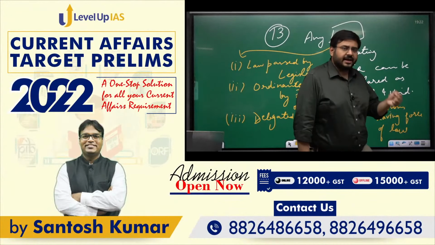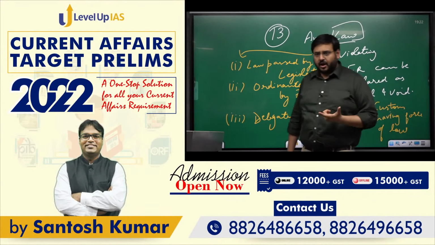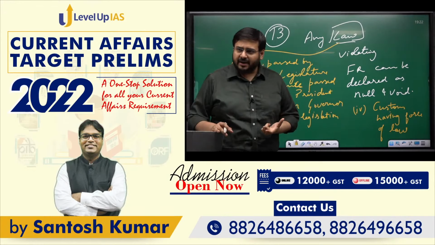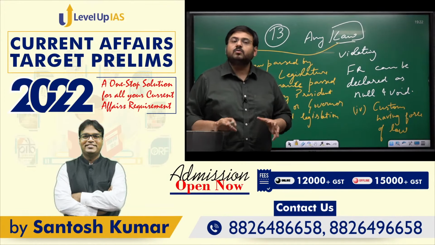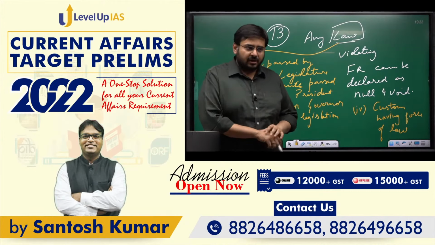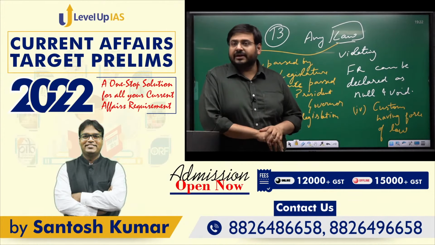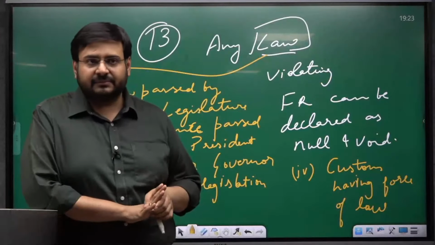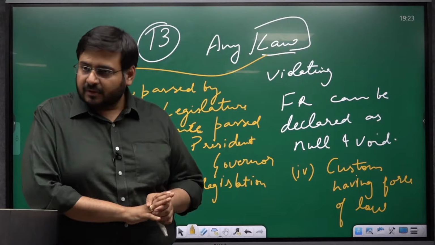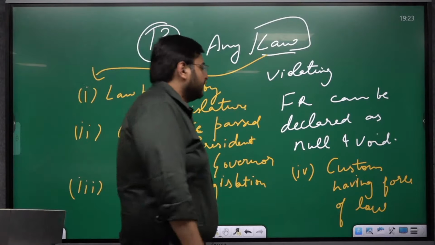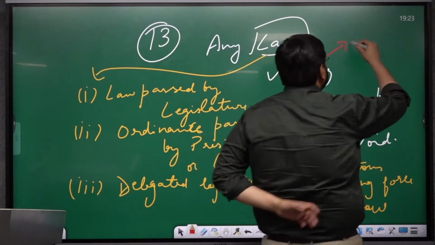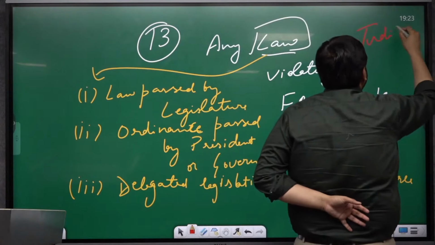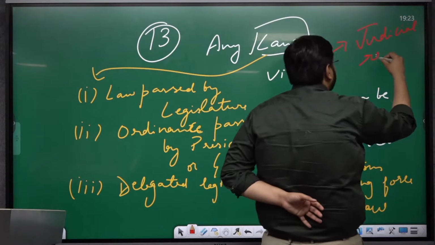Now, it is saying that any law, if it is violating the fundamental right, will be declared null and void. But by which power will the courts declare that null and void? What power are they having? Judicial review. This power generally has an implicit meaning, which is called judicial review.